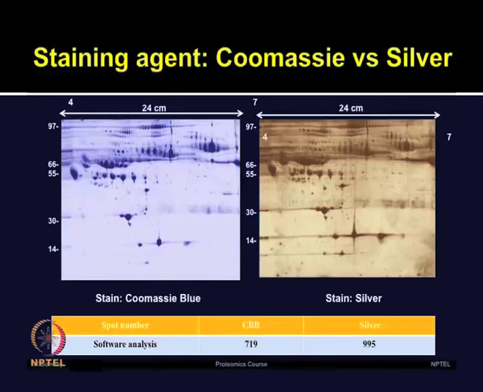We also looked at the effects of various types of staining, whether it is Coomassie blue staining or silver staining. We definitely identified more spots with silver staining, but because we want to compare a large number of clinical samples with different healthy controls, it was very difficult to standardize the conditions to keep the staining uniform for silver.